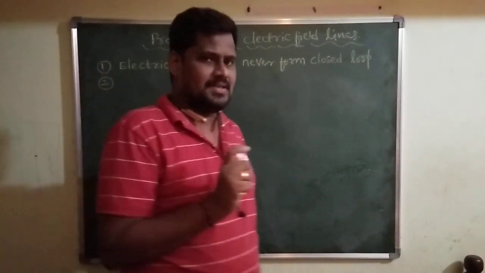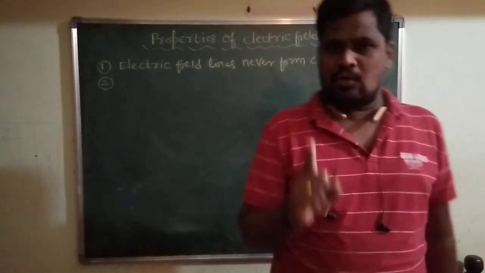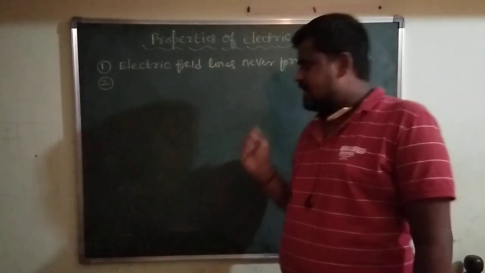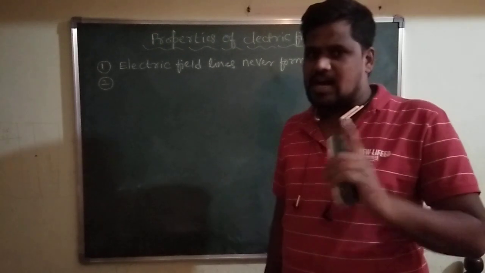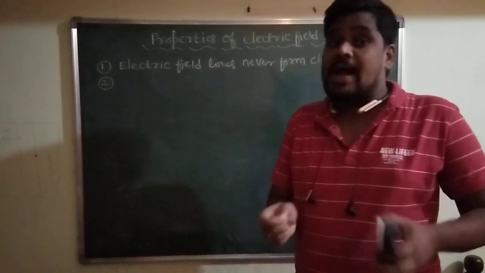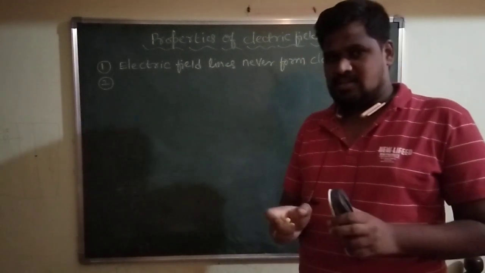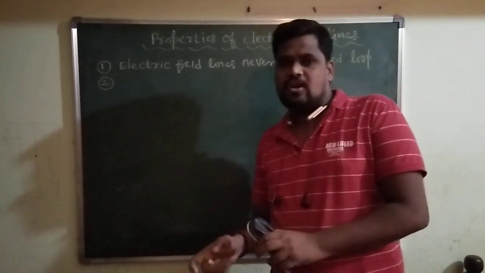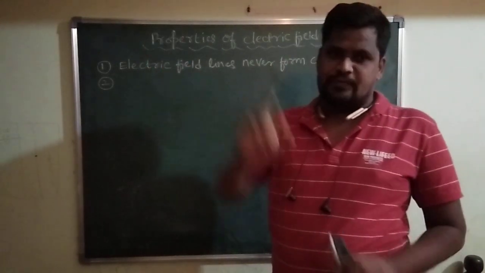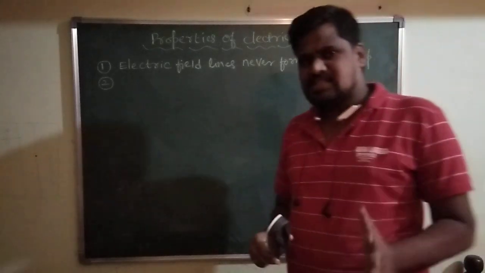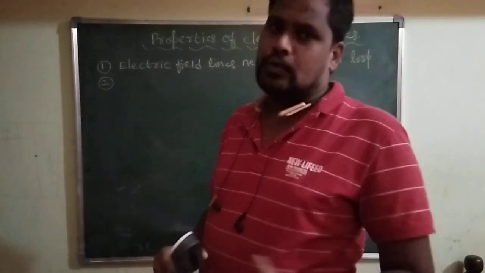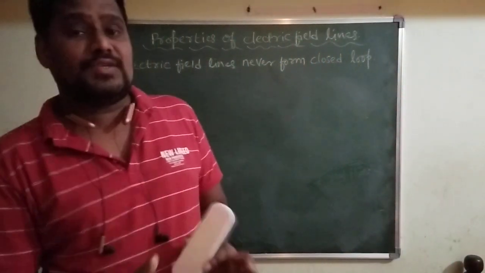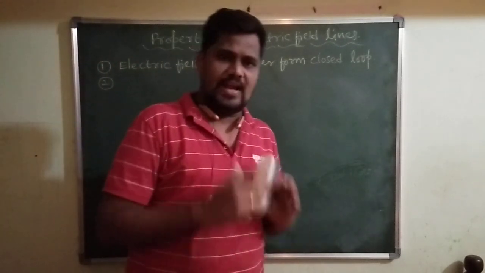Concentrate on this sentence. How many electric field lines exist around any charge depends on the magnitude of that charge. More is the quantity of the charge, more are the field lines. Less is the magnitude of the charge, fewer will be the electric field lines.